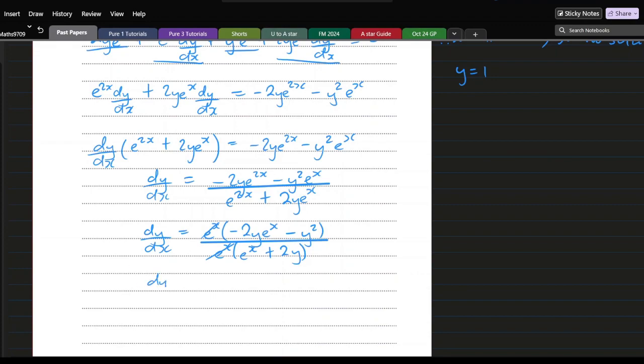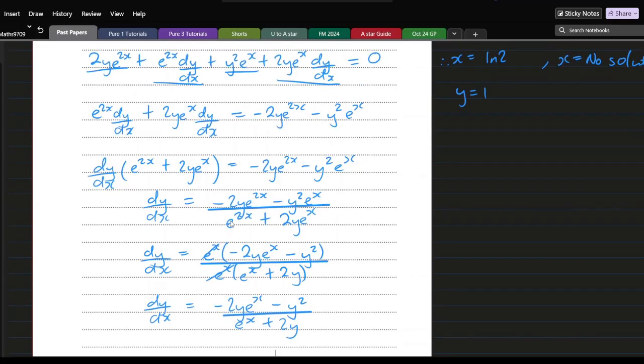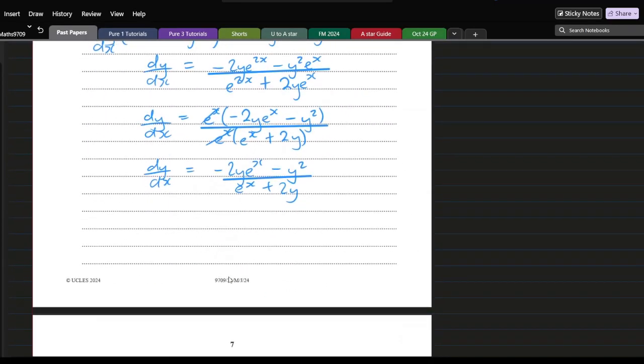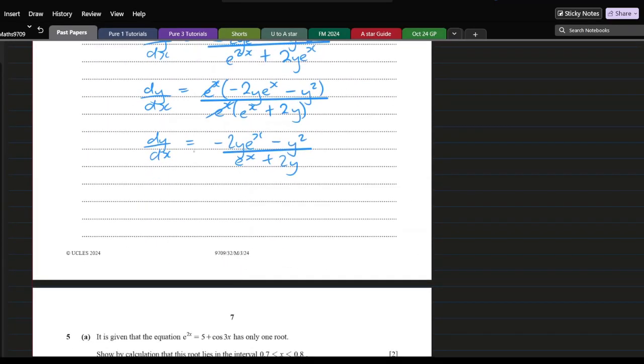So dy/dx is equal to negative 2y e to the x minus y squared over e to the x plus 2y. It would just make our calculation a lot simpler given that we're dealing with x is ln 2. So that's why it's probably best to factor out that exponential.